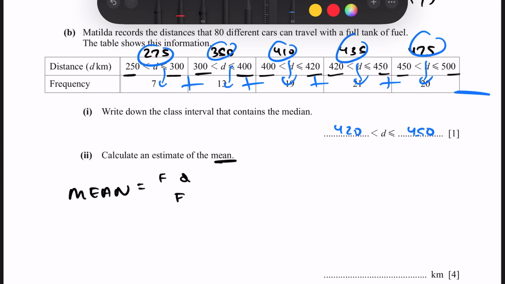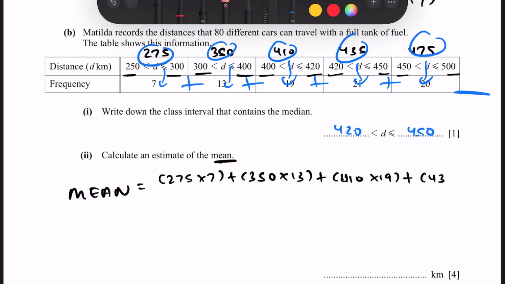So in this case, this is a big number by the way, so just don't be alarmed. 275, which is our top value in the left, times 7 plus 350 times 13 plus 410 times 19 plus 435 times 21 plus 475 times 20.